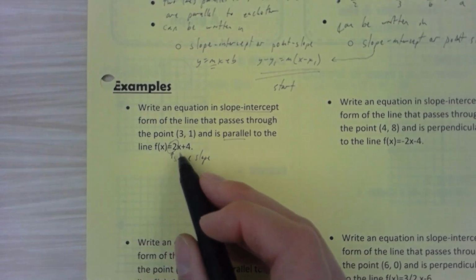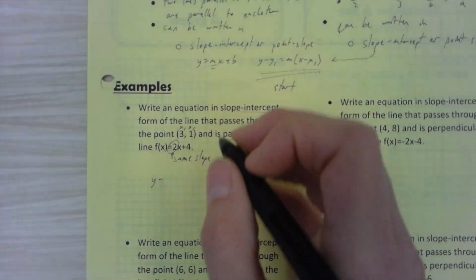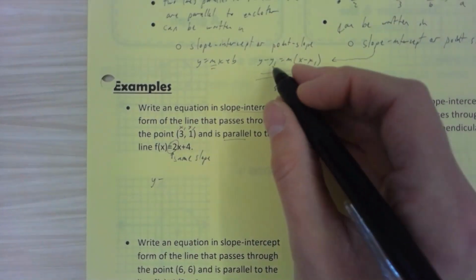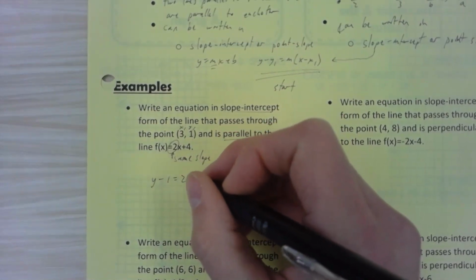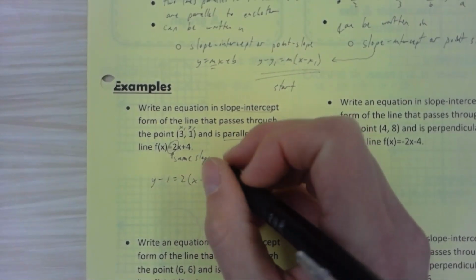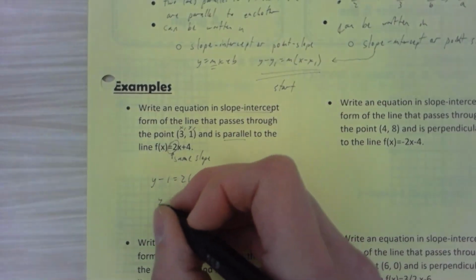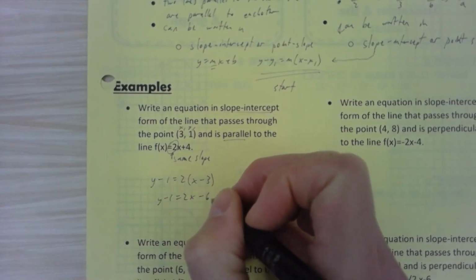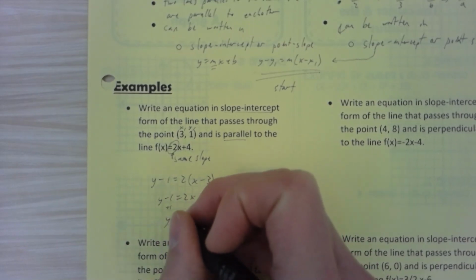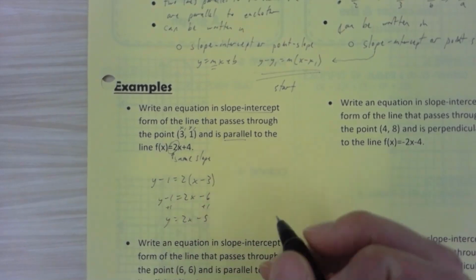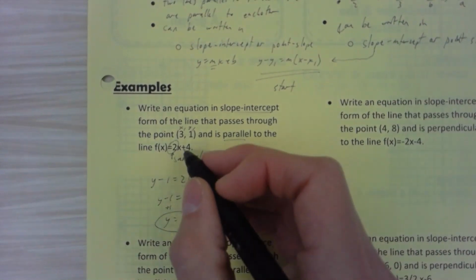So we know the slope, we know the point, so y minus y1 is y minus 1 equals the slope 2 times x minus our x1, which is 3. And then to get it into slope-intercept form, we're going to distribute the 2, 2x minus 6, and then we can add 1. So y equals 2x minus 5. So there's our line that is parallel to this one.